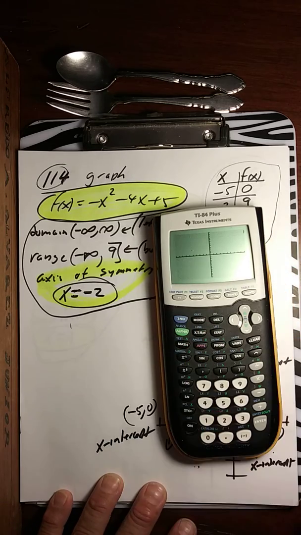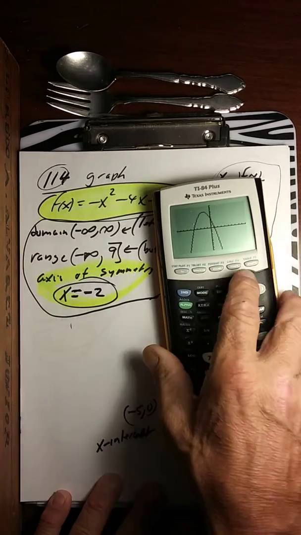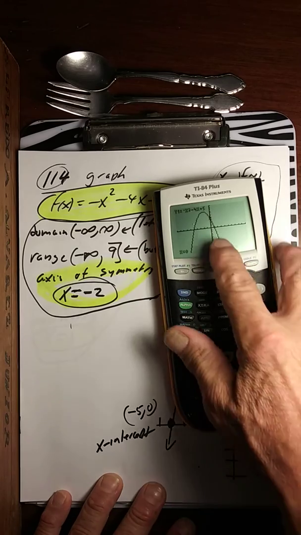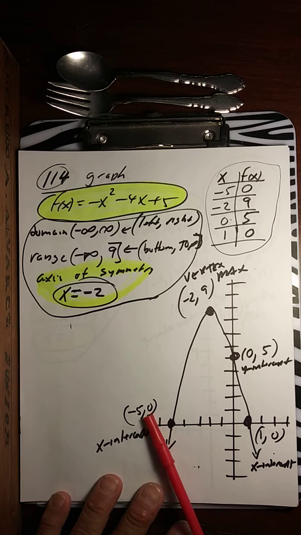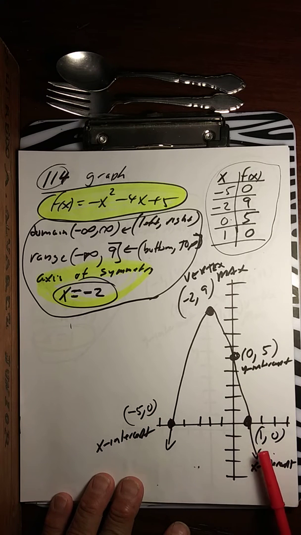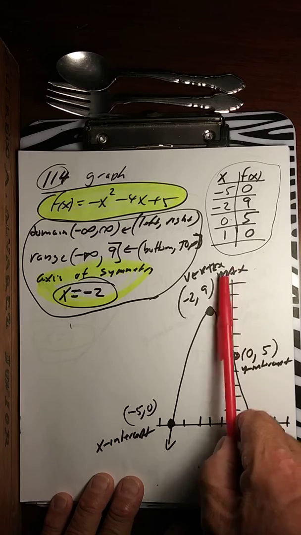Alright, so hit graph. There it is. So it goes this way. Okay, again, you can do trace if you want. Find some spots on there. So now, negative 5, 0, x-intercept. 1, 0, x-intercept. 0 and 5 is the y-intercept. And negative 2 and 9 is the vertex or max.